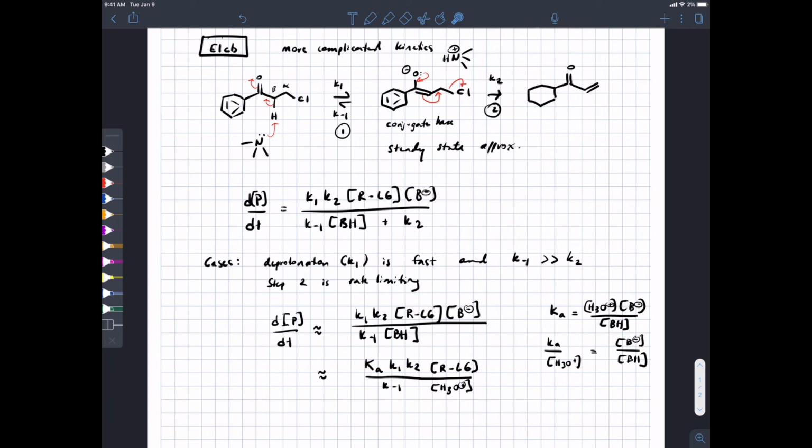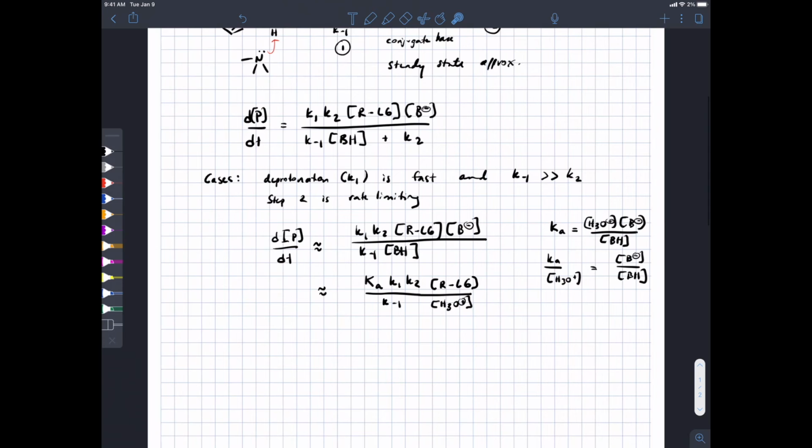And notice that if you keep the pH constant, all of this would collapse to some k obs times the concentration of your starting material. So that's why it's called an E1 type reaction, because provided you keep the pH constant, the only thing that's changing there is the concentration of your starting material.